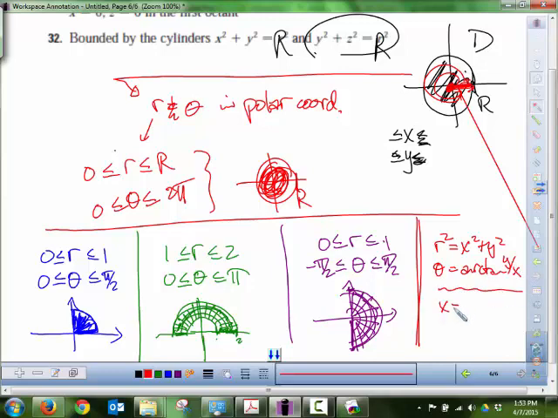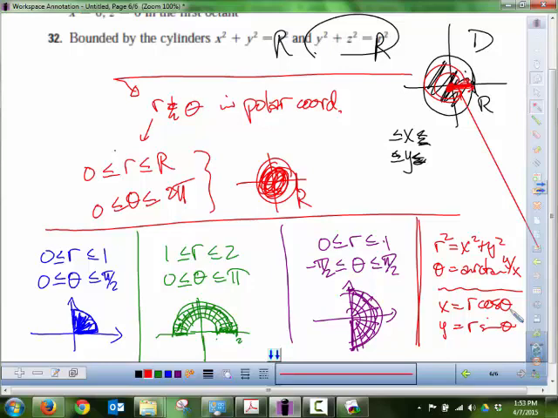And then x is equal to r cosine theta, y is equal to r sine theta. Okay? So we're going to dive into this in a lot more detail tomorrow, and we're going to switch variables when we're integrating from x, y to r, theta.